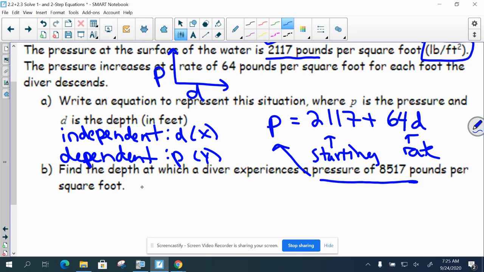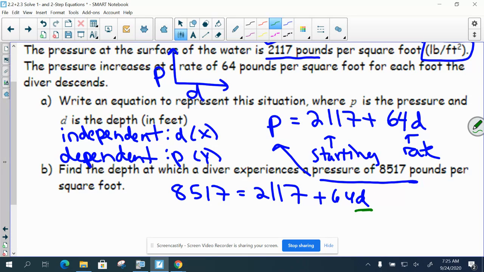And I think you should be able to do this without your calculator. I want you to try it. So 8517 equals 2117 plus 64D. So the first step to solve for D is to subtract the 2000.